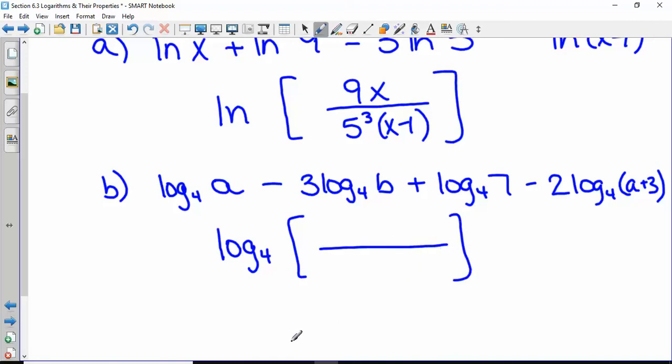Since I have some plus and some minus, we know we're getting a fraction here. Is the A on top or bottom? Top, because it's a positive in front. Minus, so this will go on the bottom. B to the 3rd, good. Now I'm back to a plus. If it's plus, where does it go? So that would put a 7 on top. Minus, so this is on the bottom, and that would be 3 plus 2 to the 2nd.